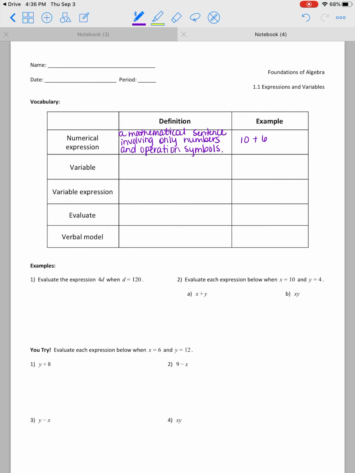The second vocabulary word that you need to know is a variable, and it is a letter, usually a letter, it can be a symbol, that represents an unknown quantity.